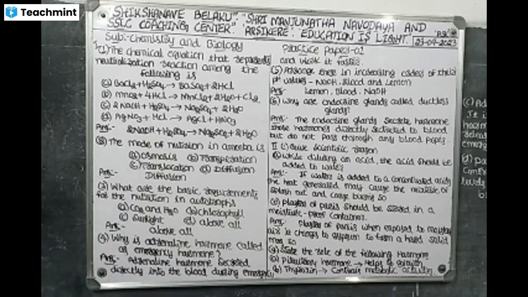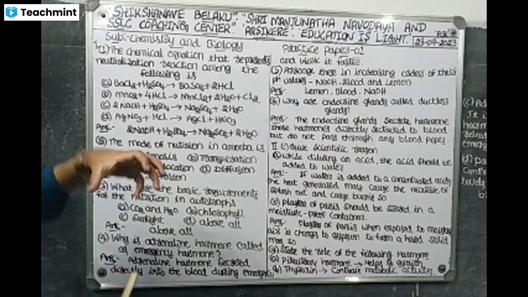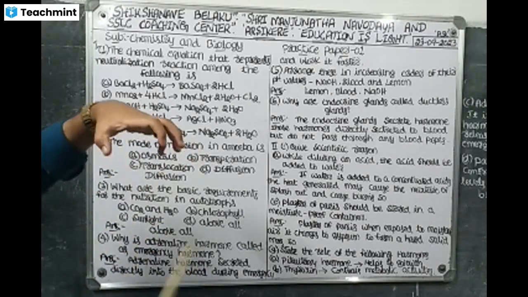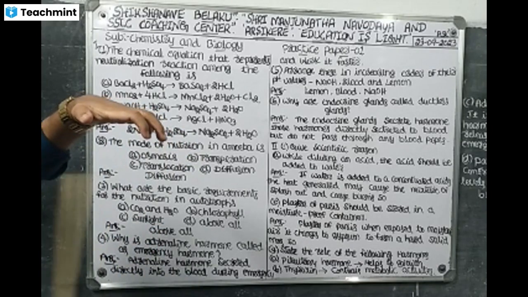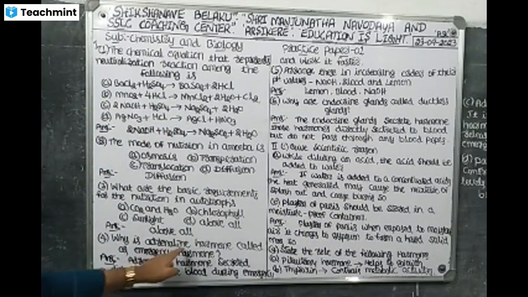Fourth one: why is adrenaline hormone called an emergency hormone? Adrenaline hormone is secreted into the blood during emergency, to make the organs work faster. In some critical conditions or emergencies, this hormone, adrenaline, from the gland on the surface of the kidney, is released in emergency situations.